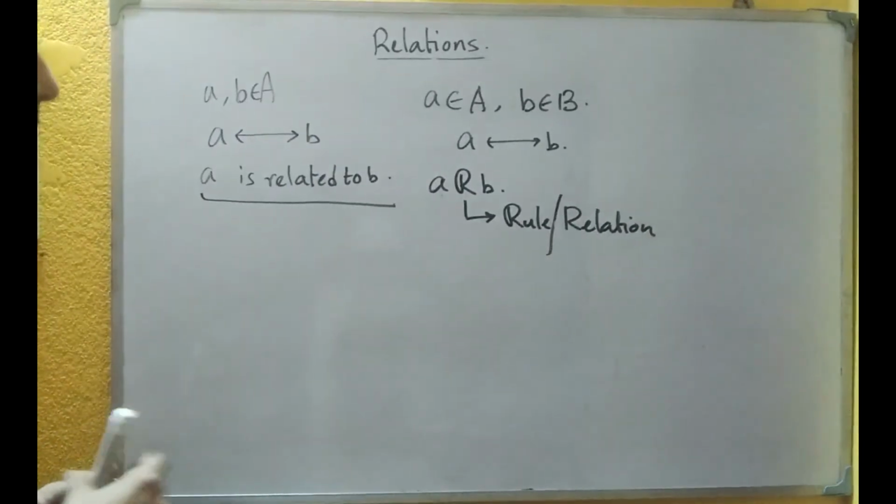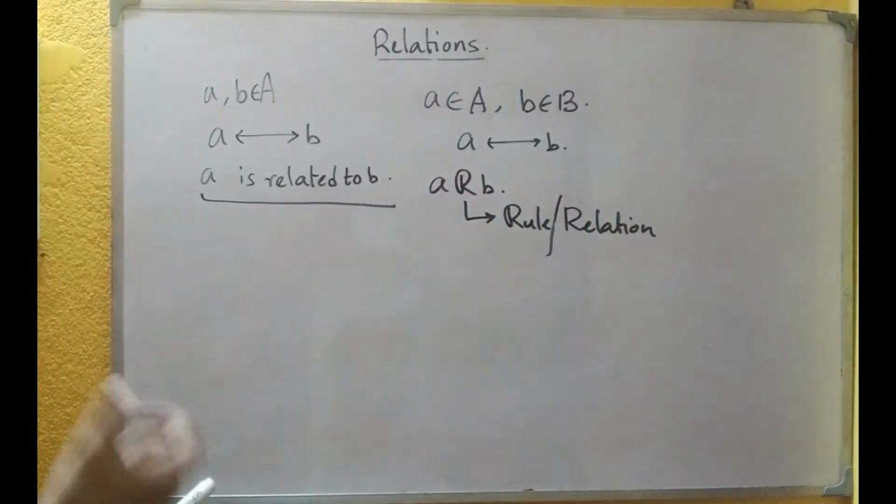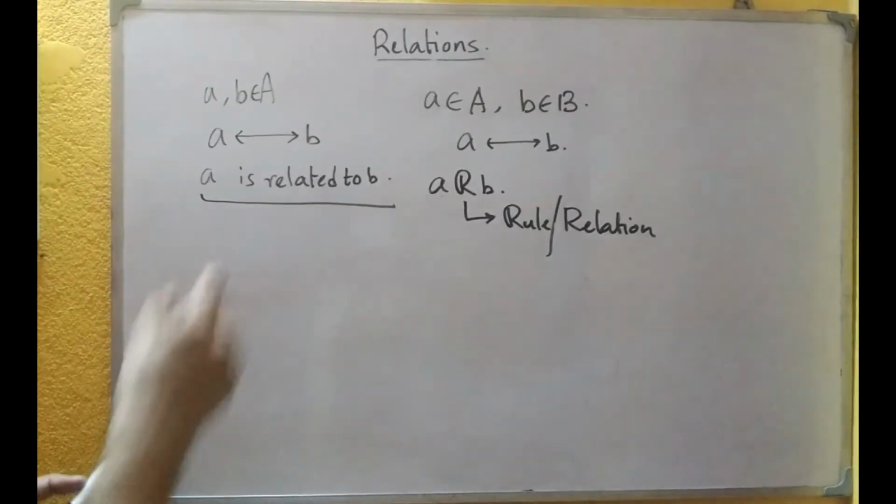So whenever two elements A and B are related to each other, we will write ARB.